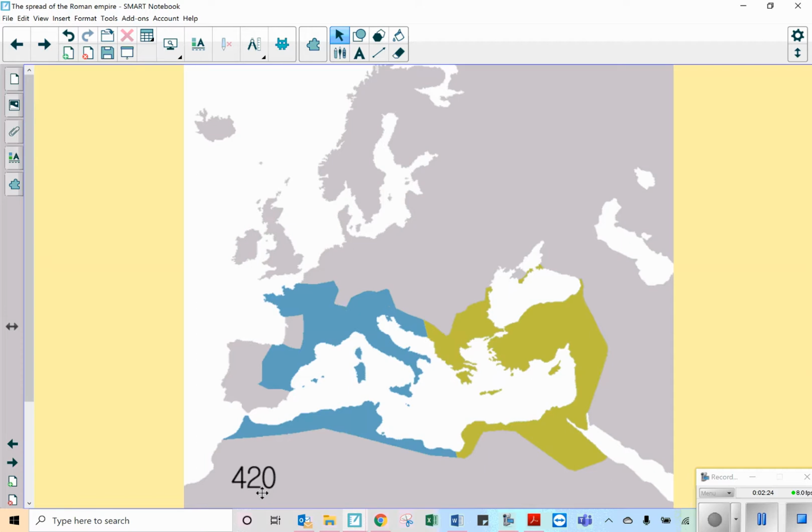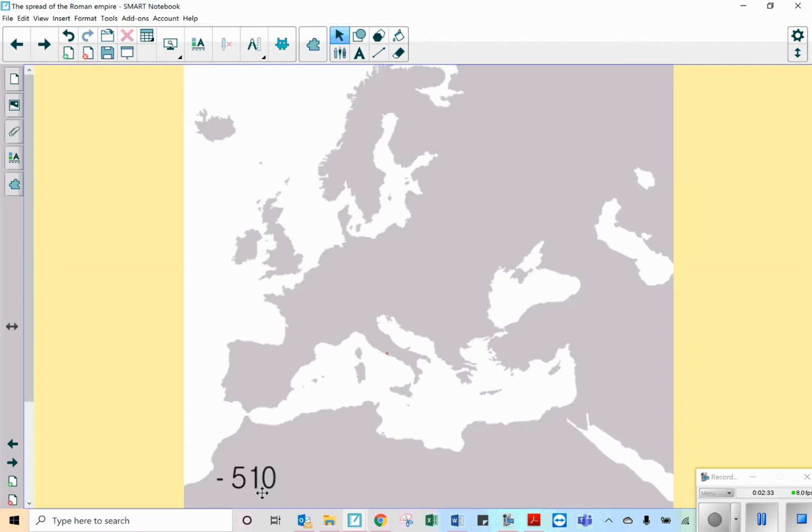Now you'll notice that by the time we get into 400 AD, the empire is reducing, and when we get to 530 AD, it completely stops. So it gets taken over by the next people.